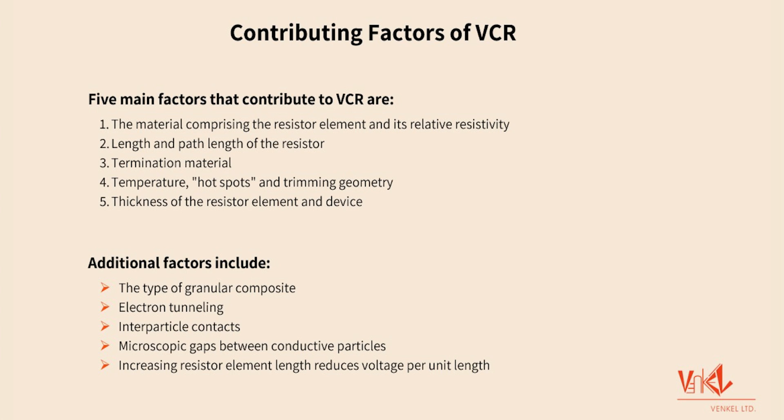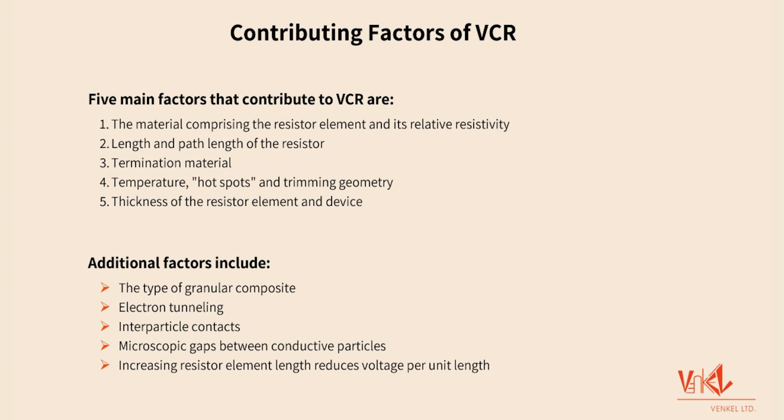In practice, increasing the resistor length can reduce the voltage per unit length, thereby minimizing the VCR effect and improving stability. Understanding how these factors influence VCR enables engineers to optimize resistor design for specific applications. By tailoring material choices, dimensions, and processing techniques, it is possible to reduce VCR effects and enhance overall performance in voltage-sensitive environments.